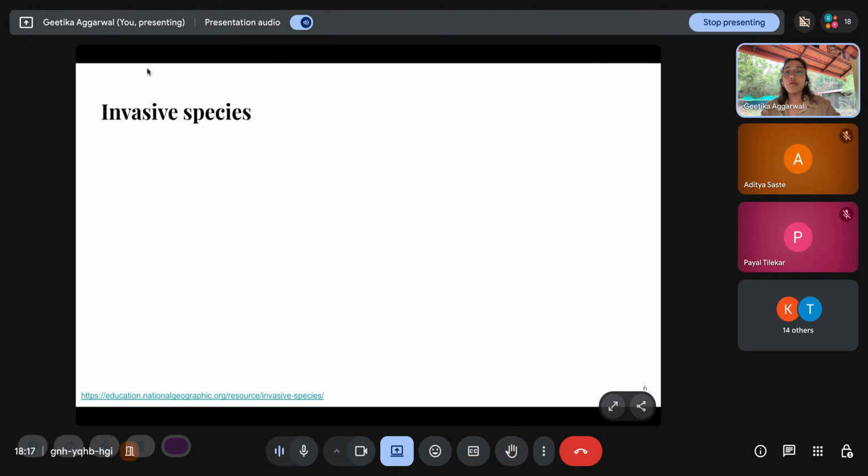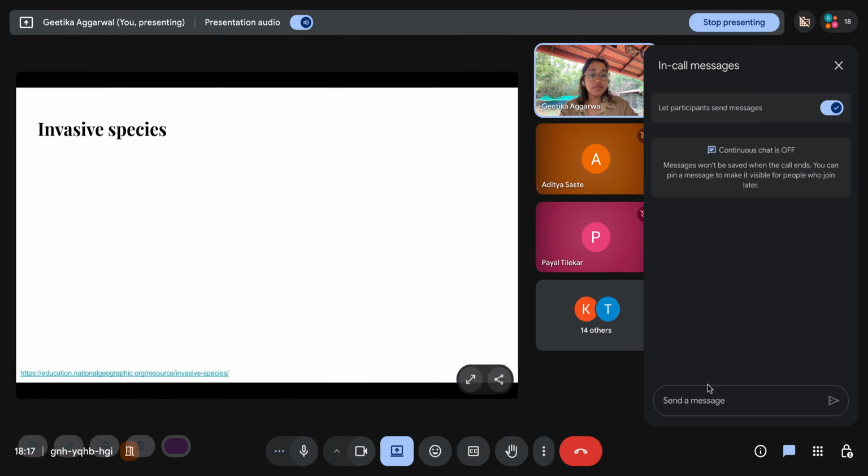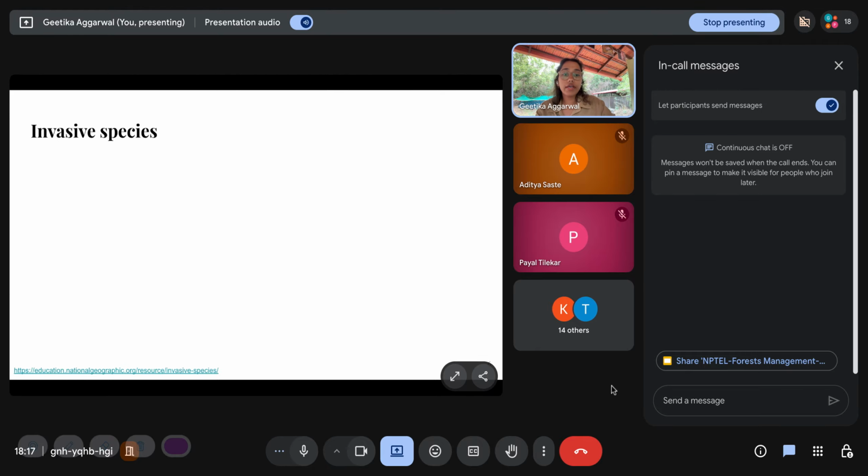Okay. Now, invasive species. We've been talking about invasive species in both these categories, so we must know what are invasive species. So, is anybody here aware of what are invasive species? Like, how would you define invasive species? Does anybody have any idea? You can either unmute yourself or you can type it out in the chat box.